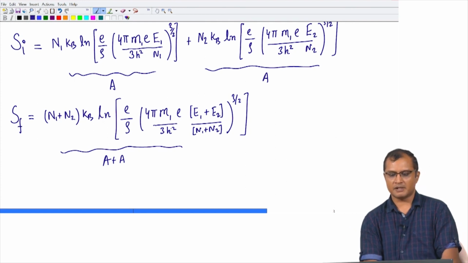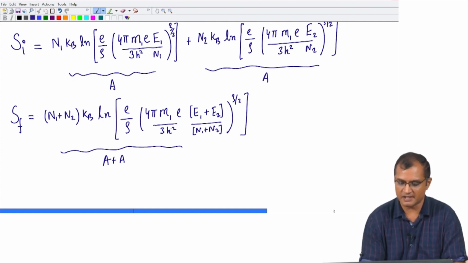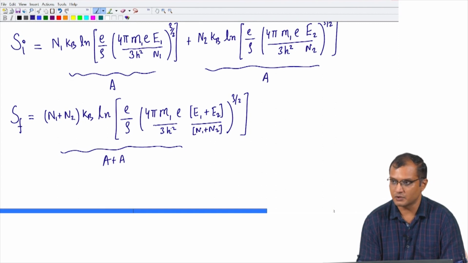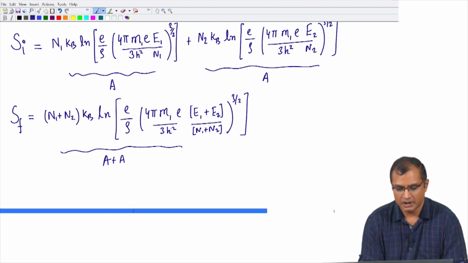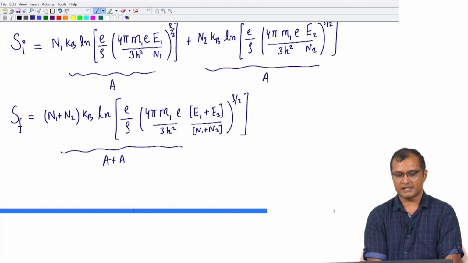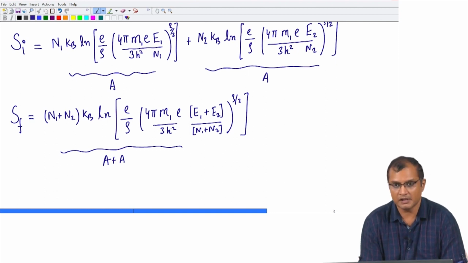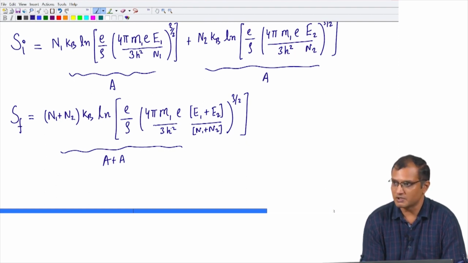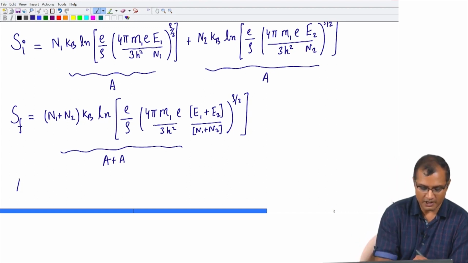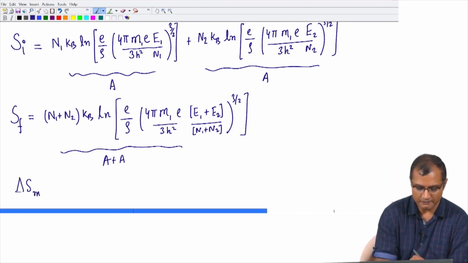Now, you can see E1 plus E2 divided by N1 plus N2 is the same as E1 by N1 or E2 by N2. So, the entire logarithm argument is the common argument in all the 3 terms, and if you look at the SF, there is N1 kb plus N2 kb, whereas in the initial entropy it is the same N1 kb and N2 kb. So, if you take the difference of SI minus SF, you are going to get nothing but 0.